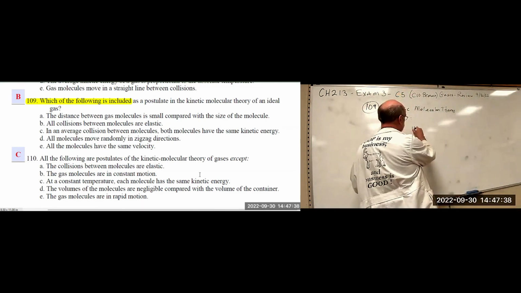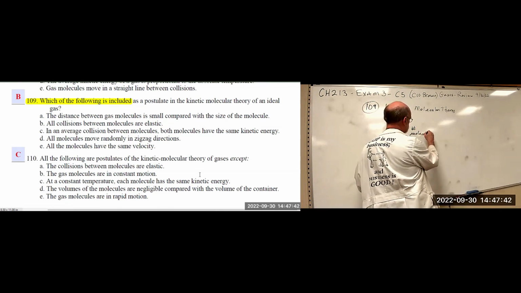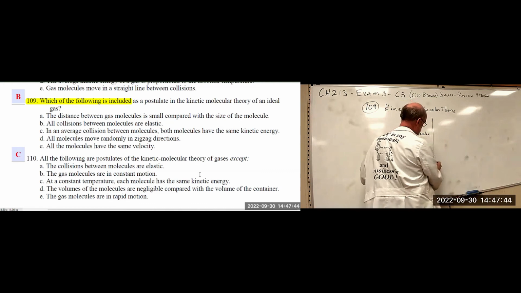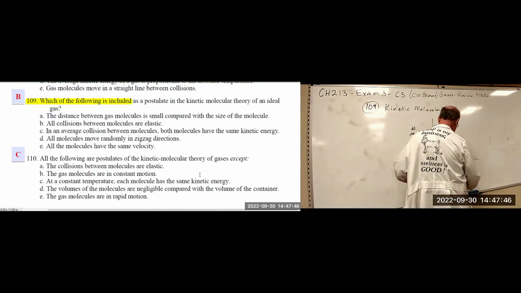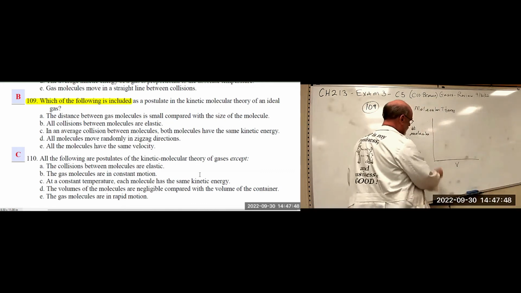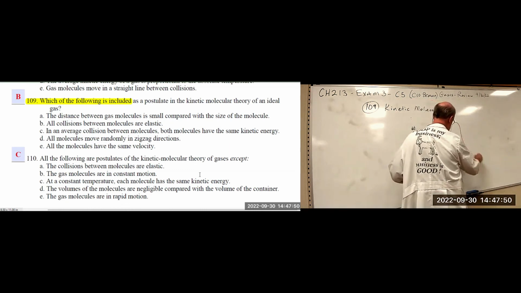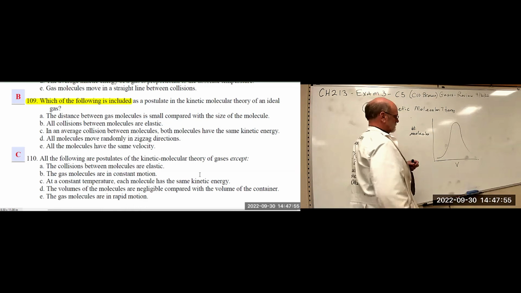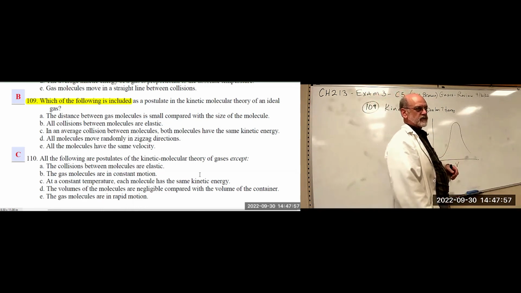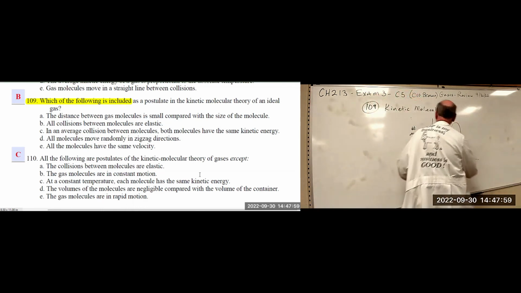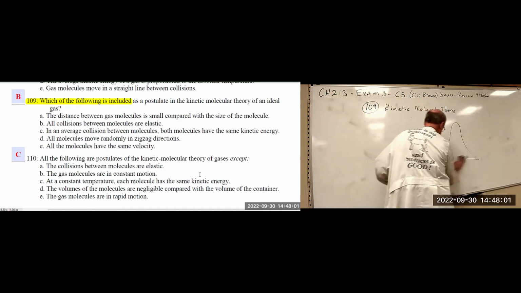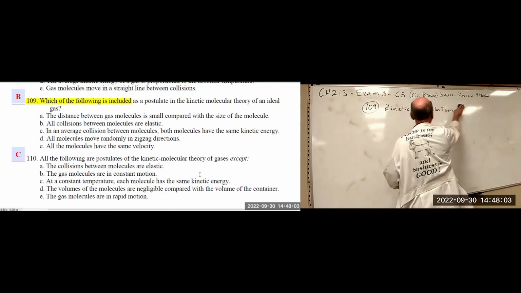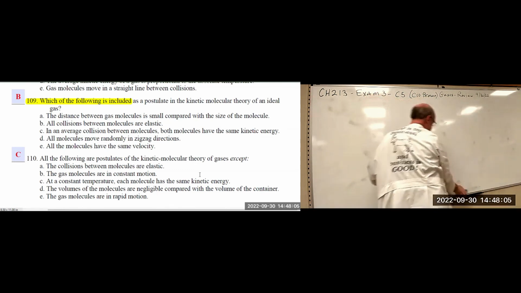So if you have numbers of molecules on this axis, and the velocities on this one, then they'll go like this. They have a bell-shaped curve. In statistics, we call that a normal distribution. Very common in nature.